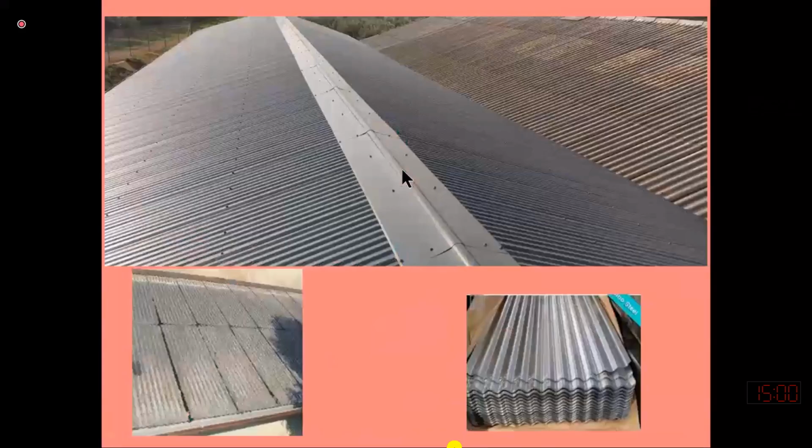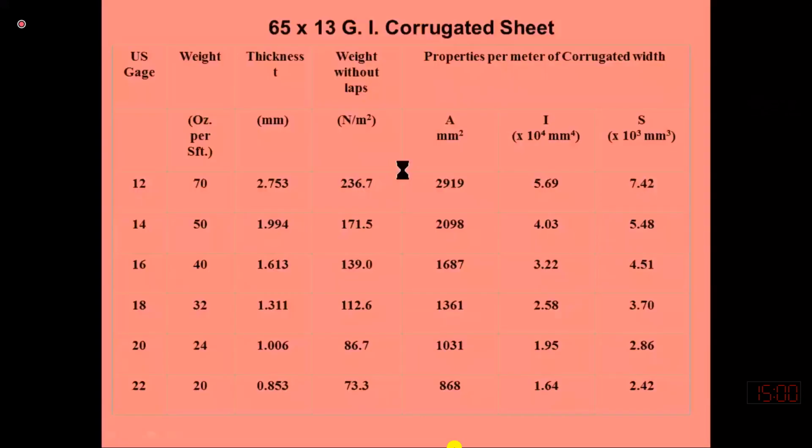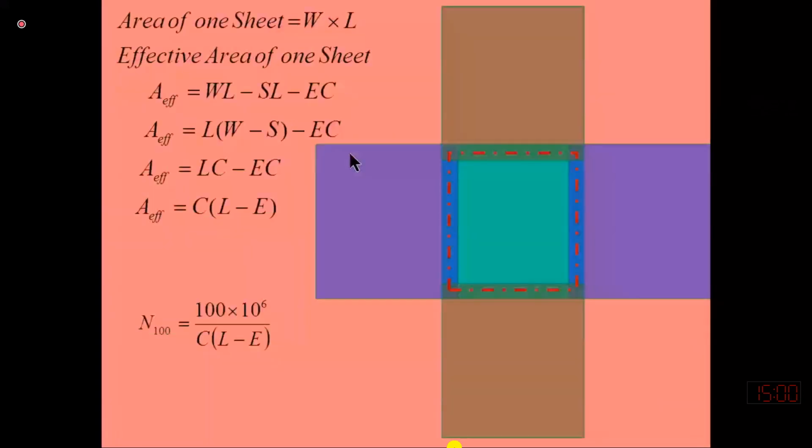That is the C value, W minus S. Cover means the total width covered by the sheet. From here, I can take C as common again, so that will become length minus E. So length of the sheet minus end cover, multiplied by C. You can derive this expression by yourself, or you can use this expression directly.